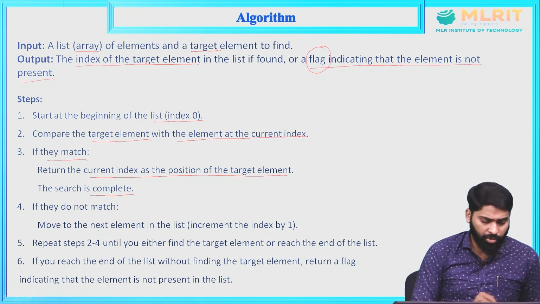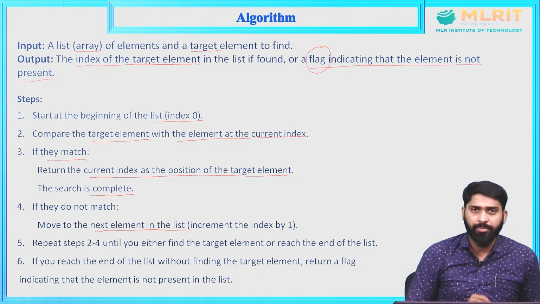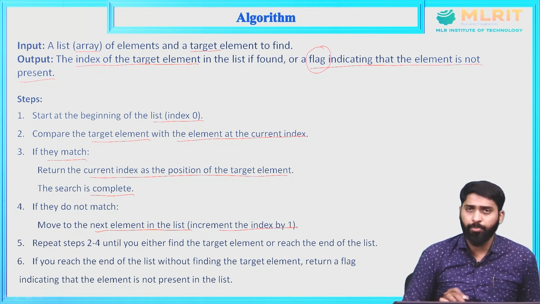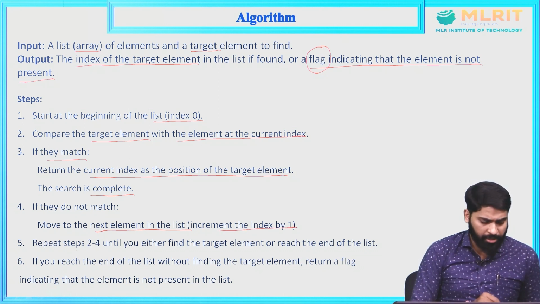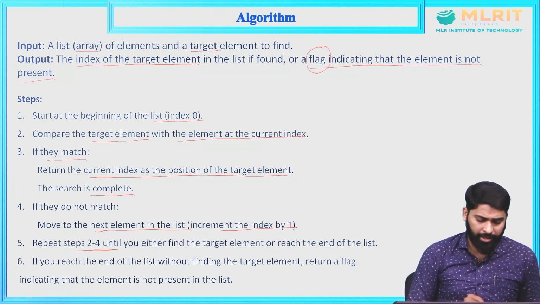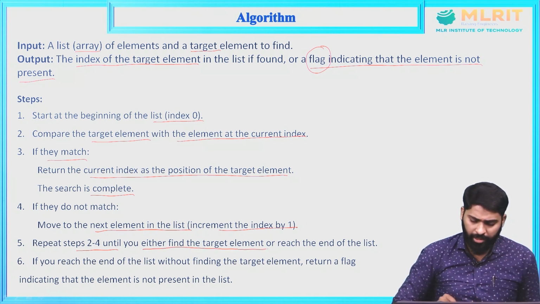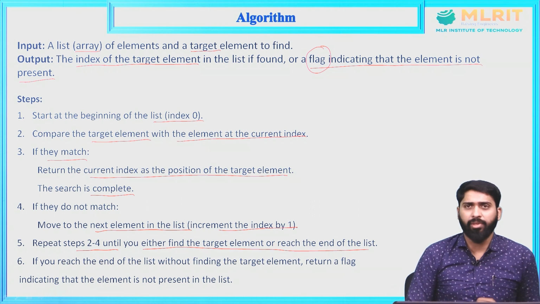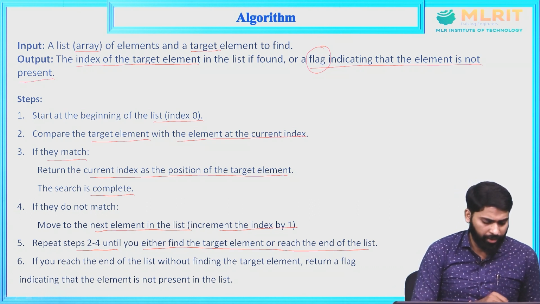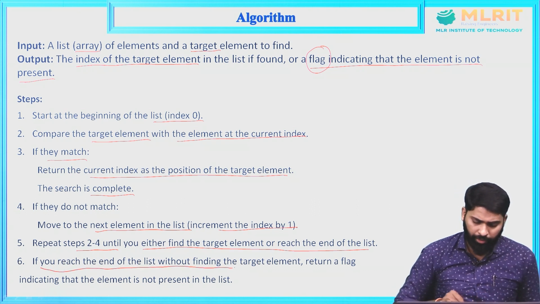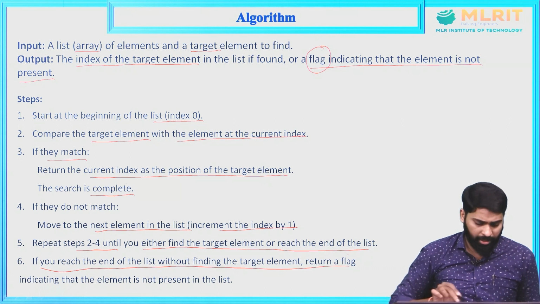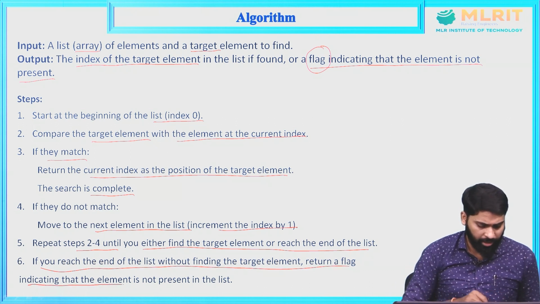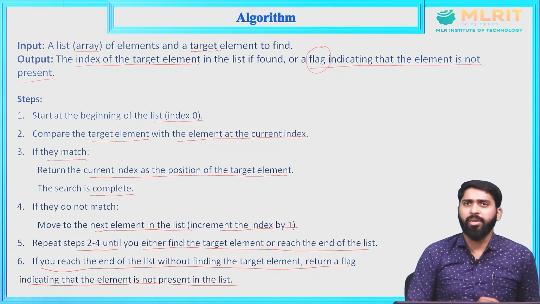Otherwise, move to the next element in the list, that is, increment the index by 1. Repeat steps 2 to 4 until you either find the target element or reach the end of the list. If you reach the end of the list without finding the target element, return a flag indicating that the element is not present in the list.